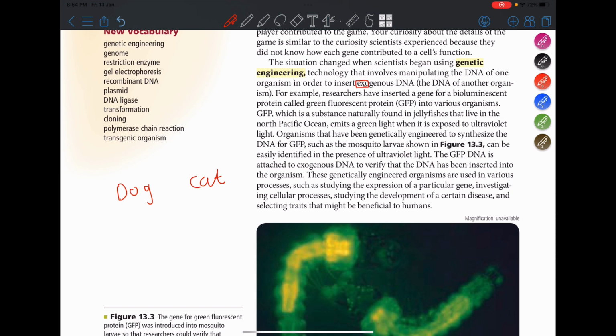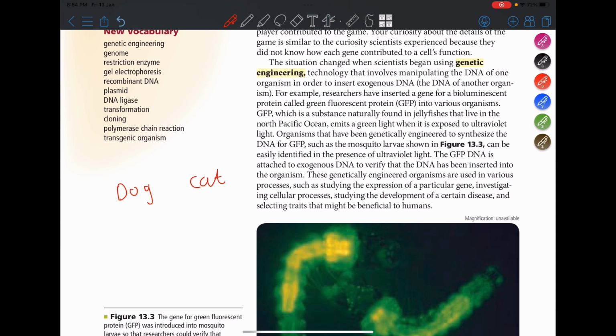So the cat's genes are exogenous. Okay, so again, genetic engineering is the technology that involves manipulating the DNA of one organism in order to insert the DNA of another organism. And that DNA that we're inserting is called exogenous DNA.